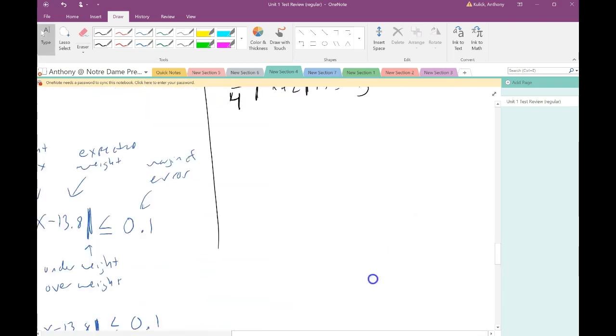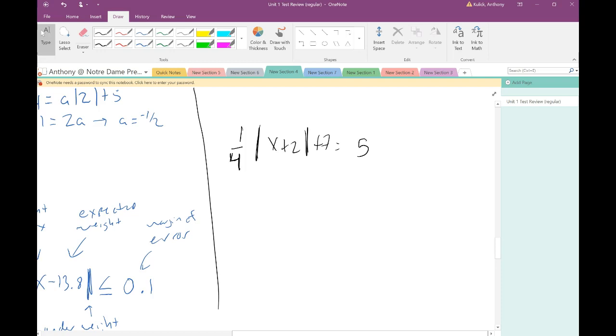Zoom that in a little bit. Okay. So, first step, Paige, I would want to do what? I'll subtract 7. I don't know what you were waiting for. I'm just giving you a hard time. Okay. And next thing I need to do is get rid of this pesky 1/4. I'll do that by multiplying both sides by 4.